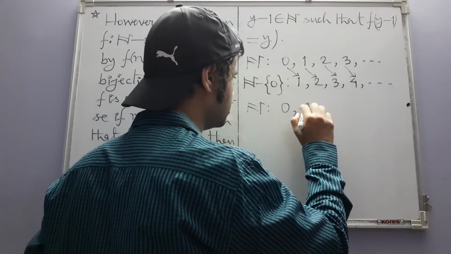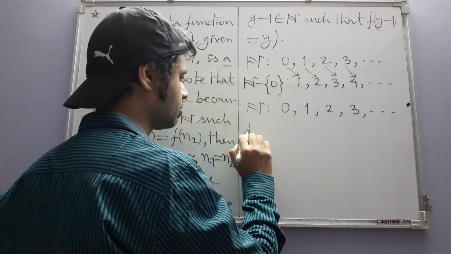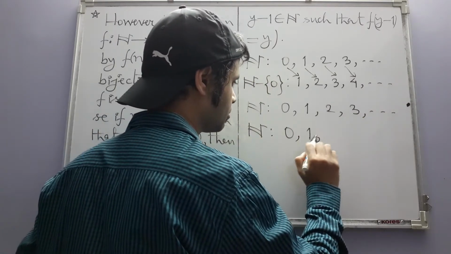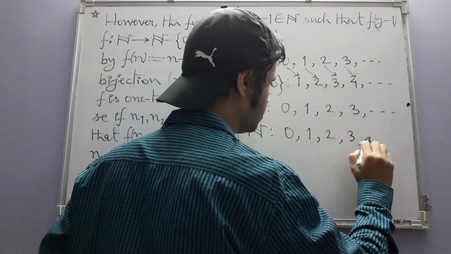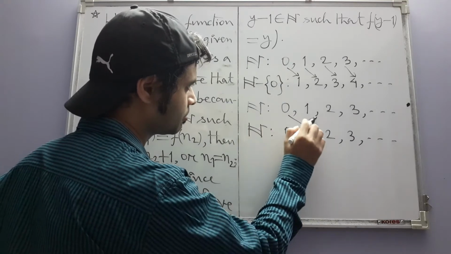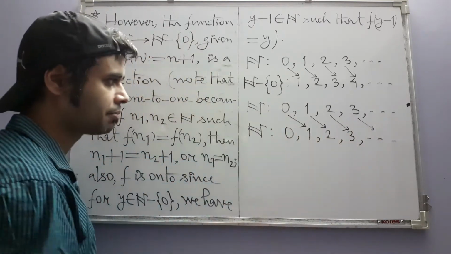But now watch this. So we are again considering another copy of n. So what we are doing is this, and this of course will be mapped onto 4.